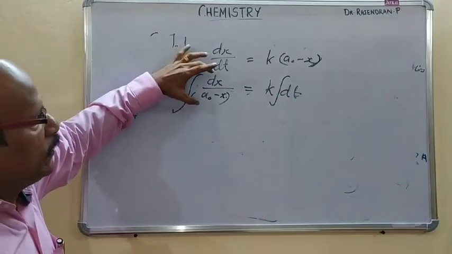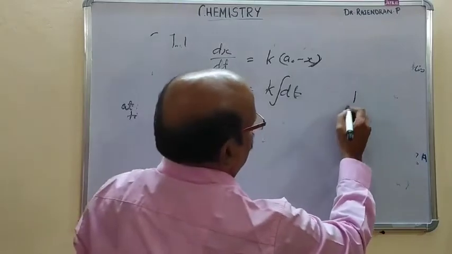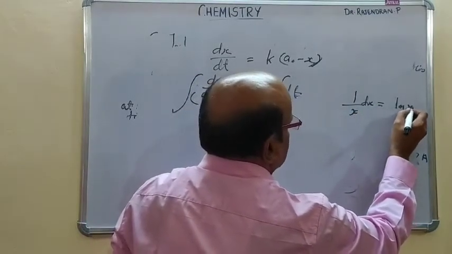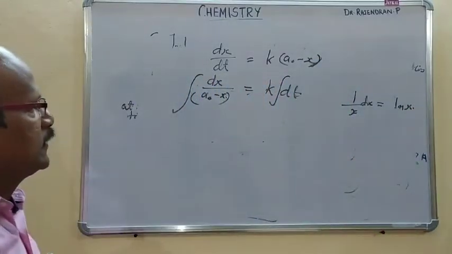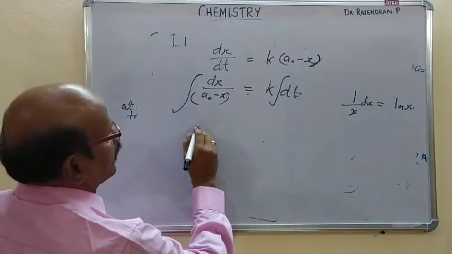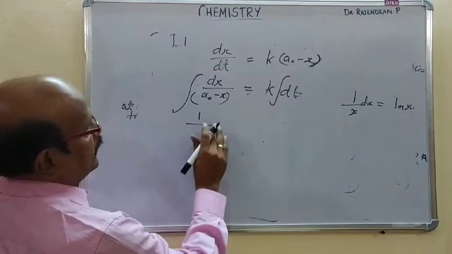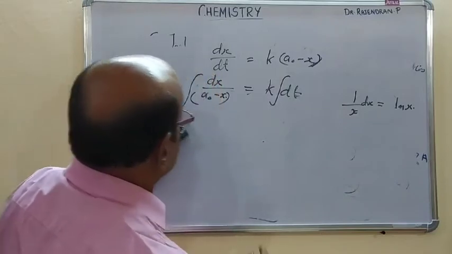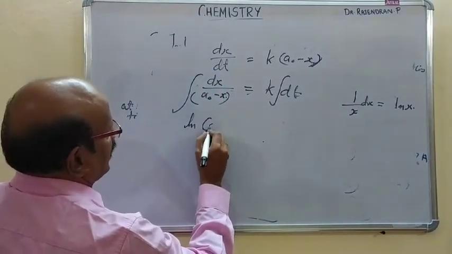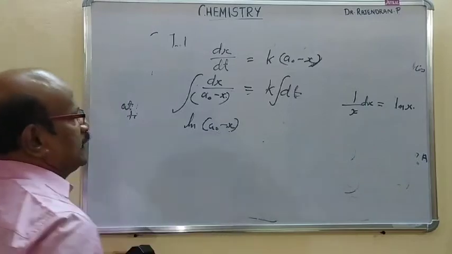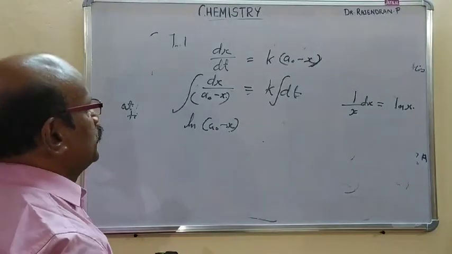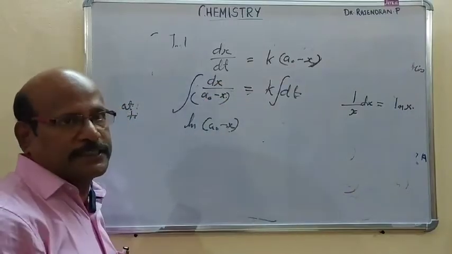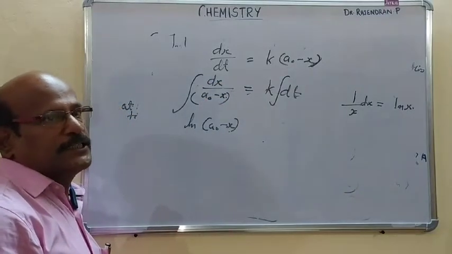The integral of 1 by x dx, all of you know, is ln x. So the integral of 1 by A0 minus X dx is ln of A0 minus X, into minus 1.